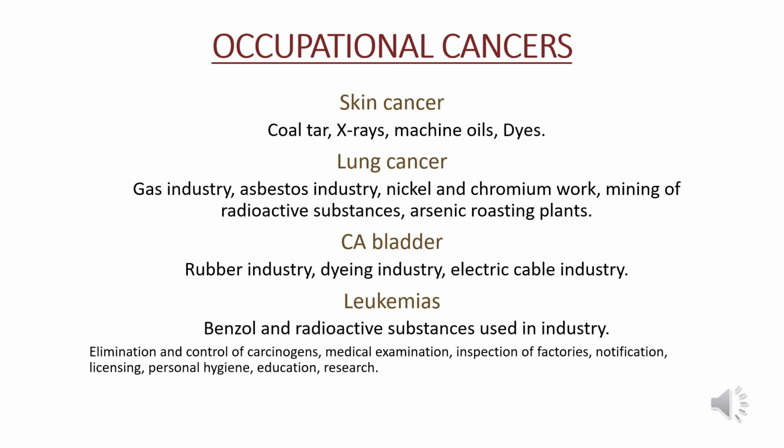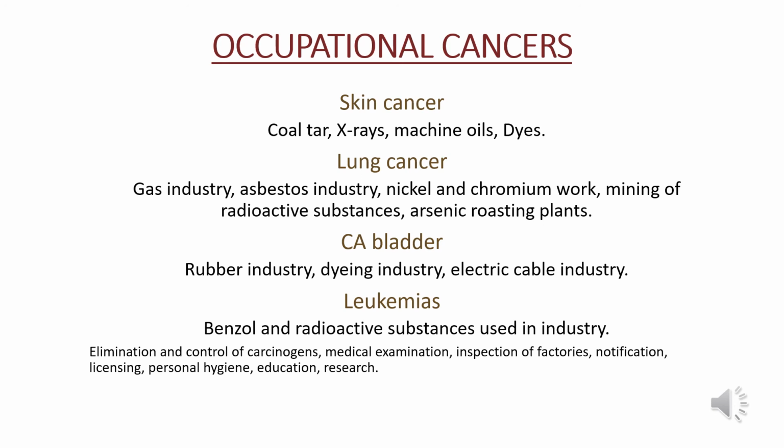Lung cancer is seen among workers in the gas industry, asbestos industry, nickel and chromium industries, mining of radioactive substances, and arsenic roasting plants. CA bladder is seen in the rubber industry, dyeing industry, and electric cable industry. Leukemias are common among people who work with benzol and radioactive substances, which are used in many industries.